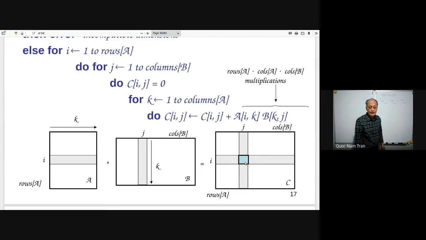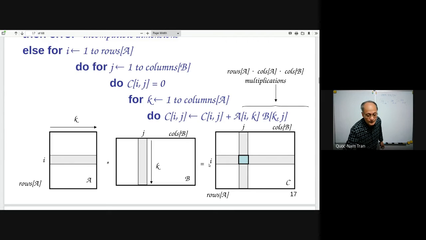So that's what we have for the cell at row I, column J of the resulting matrix. And we have to do that for every element of the resulting matrix. So that is what we have as a cubic algorithm. For every row I and every column J, we have to accumulate the values by multiplying the first and the second matrix together, right? Okay.